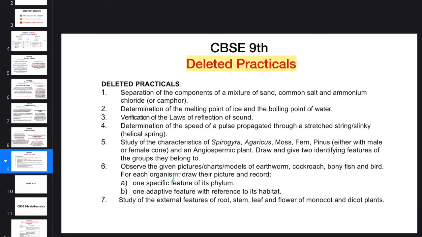And from a practical perspective, again nearly 50% of practicals they have reduced. So I think overall, it's good for you as well as for the time being, and it's not going to impact your understanding or your knowledge base for your higher grades as well. So that is a good thing.